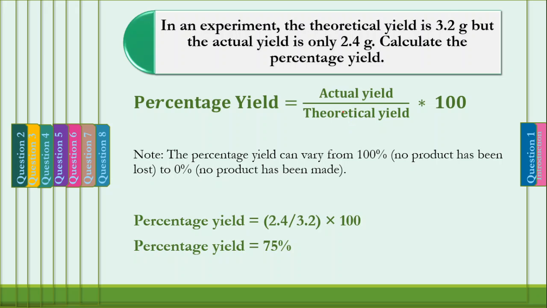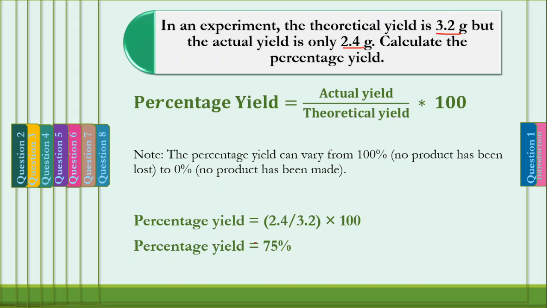The first question says that in an experiment theoretical yield is 3.2 gram, but the actual yield is only 2.4 gram. So calculate the percentage yield. Now as I told you, percentage yield is the ratio of what actually you have made by what you were supposed to do. So actual yield by theoretical yield multiply by 100, and obviously it would vary from 0 to 100%. 100 is the ideal thing, right?